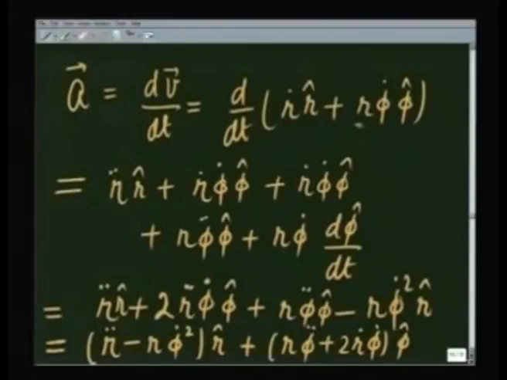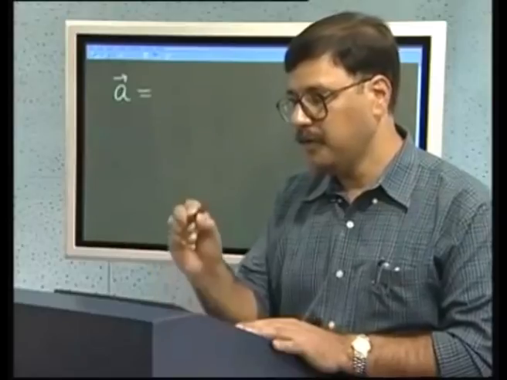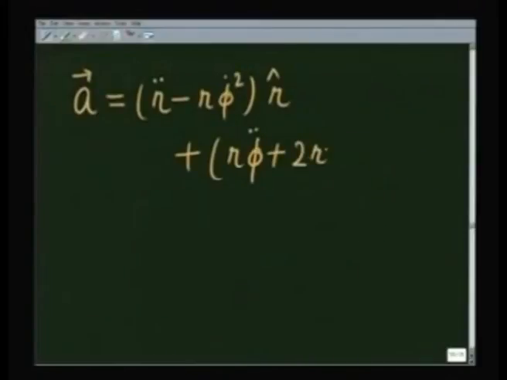Let me rewrite it for you. Again, A is equal to r double dot minus r phi dot square in the r direction plus r phi double dot plus 2 r dot phi dot in the phi direction.